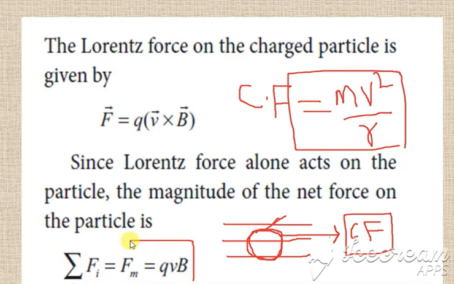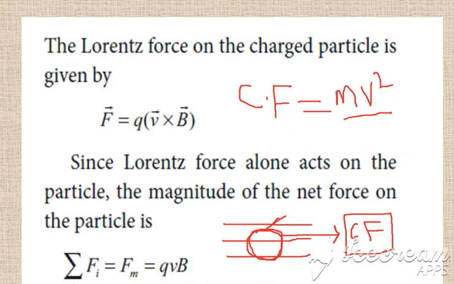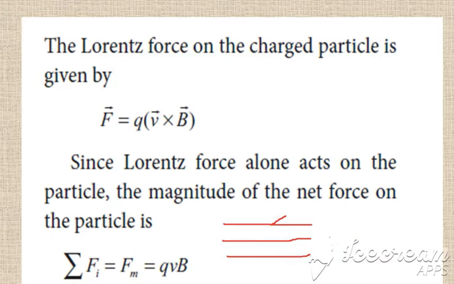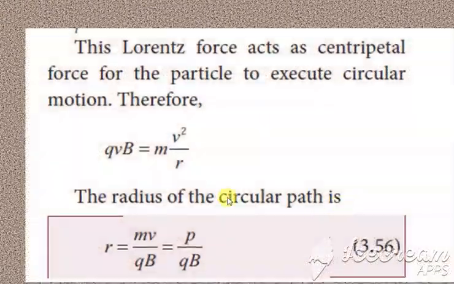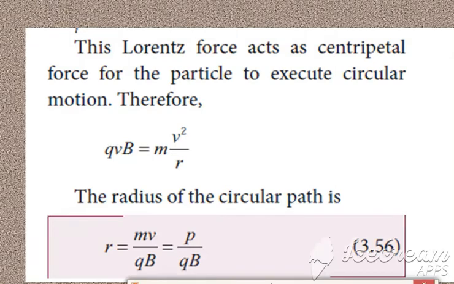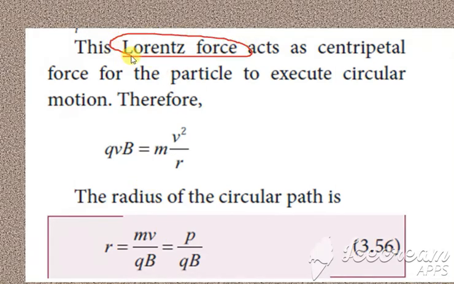Already we have a force here, that is what? Lorentz force, and we have one more force here, that is called what? Centripetal force. We are going to equate these two forces. So if you equate the centripetal force and the Lorentz force, you will get the equation as QVB. This is what? This is the Lorentz force. The sentence is given here. See, the Lorentz force acts as the centripetal force.